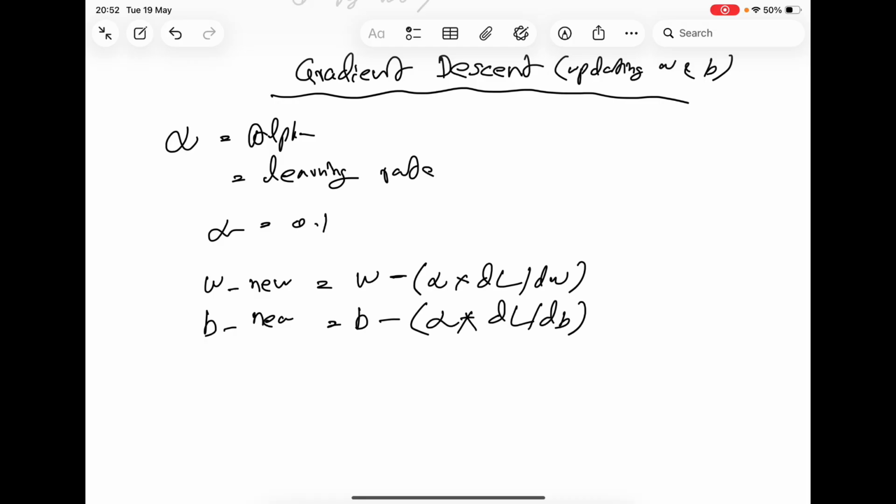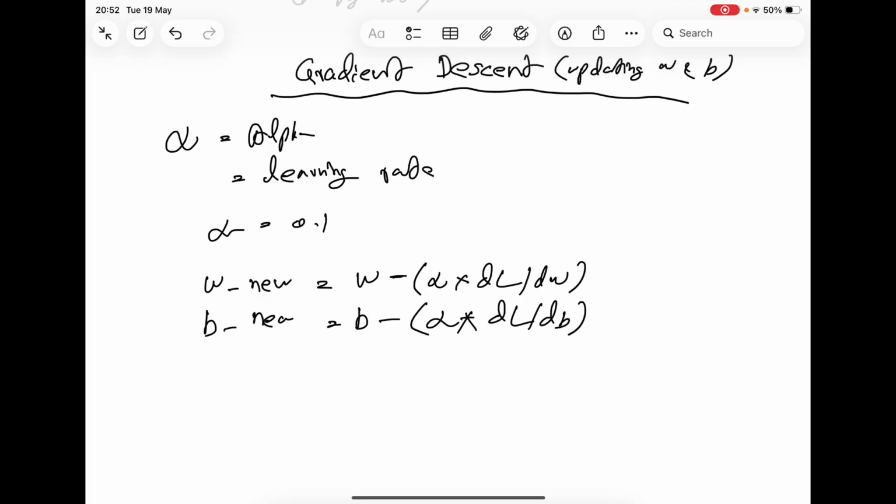When dL over dw is positive, subtracting the positive makes the weight go down. So this is always correct, and the formula automatically moves the weight in the right direction.